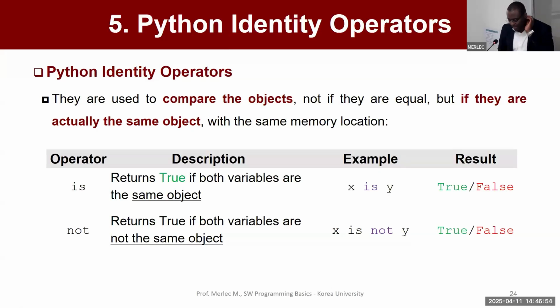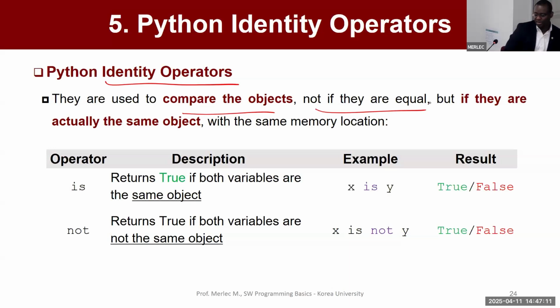So now I will also elaborate on the next type of operator, which is called the identity operator. The identity operators are used to compare objects, okay? Not if they are equal, but if they are actually the same, or if they exist in a variable, like is or is not.